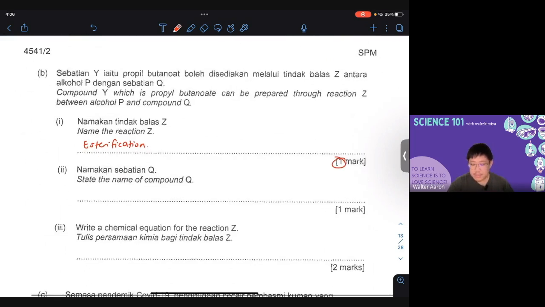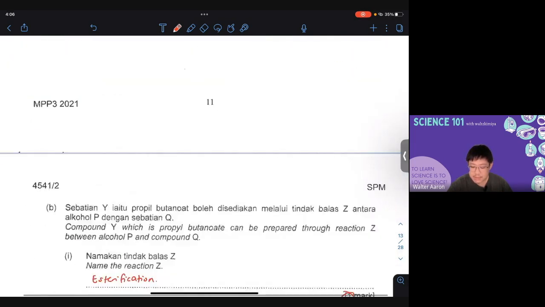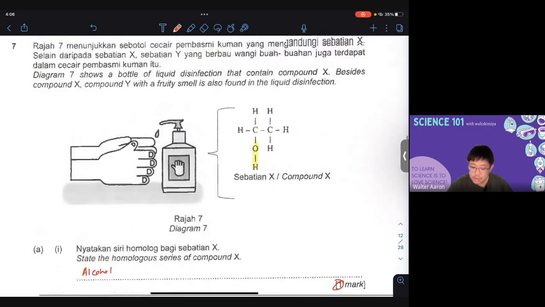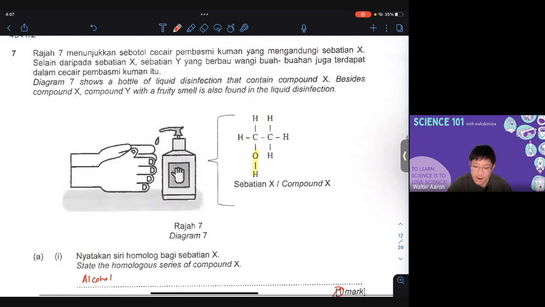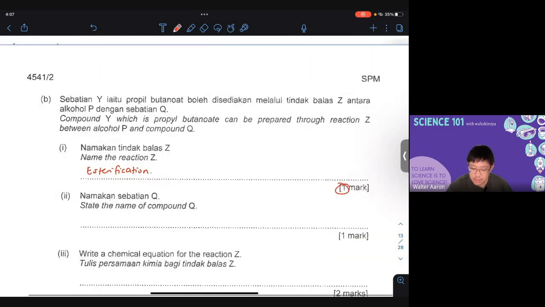Then they say, state the name of compound Q. Just now we have X as the alcohol, and Y is the ester itself.